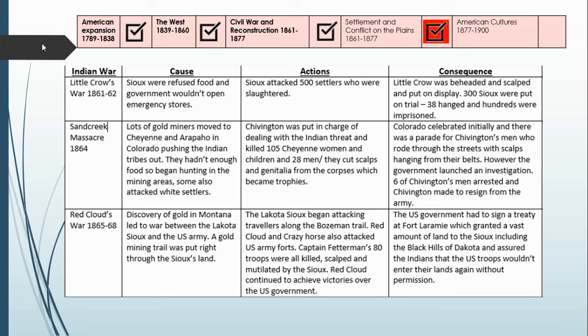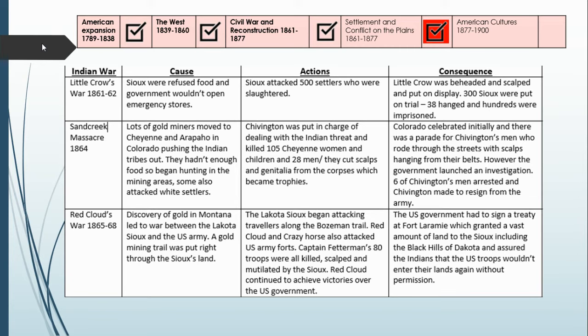Red Cloud continued to achieve victories over the US government, so here we can clearly see that the natives have the upper hand, because they have used violence themselves. They've given a very violent reaction, and Red Cloud continues to achieve victory. So we can clearly see here that the natives are the strongest fighters in this particular war.